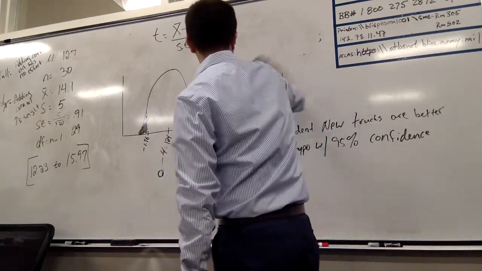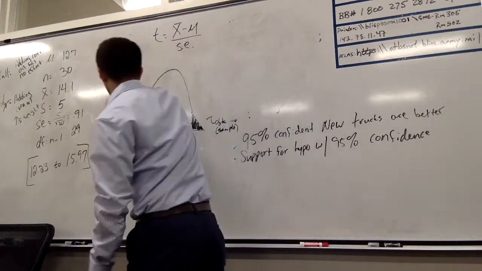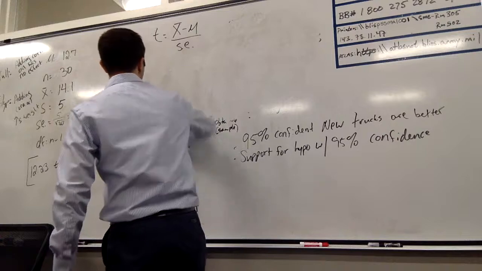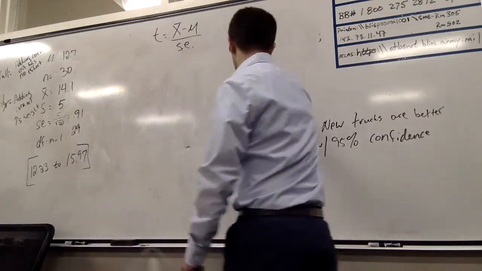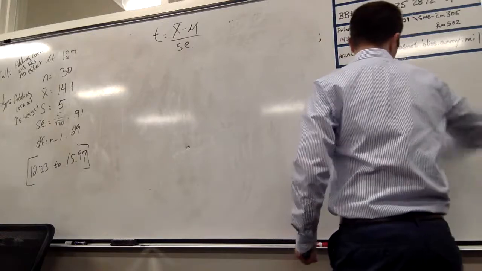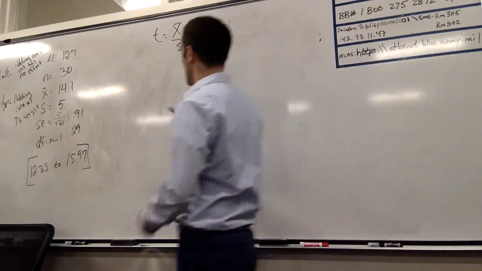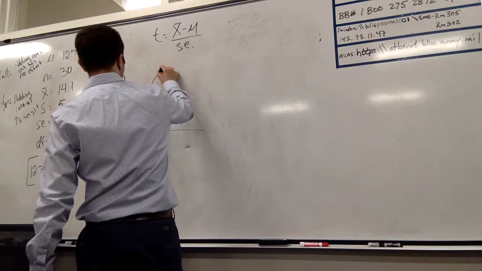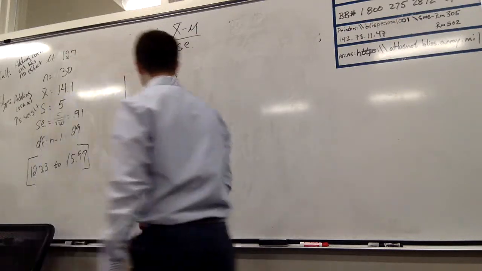So with the new method, and the third way of looking at these types of problems, you draw a t-distribution, which looks like a symmetrical normal distribution.